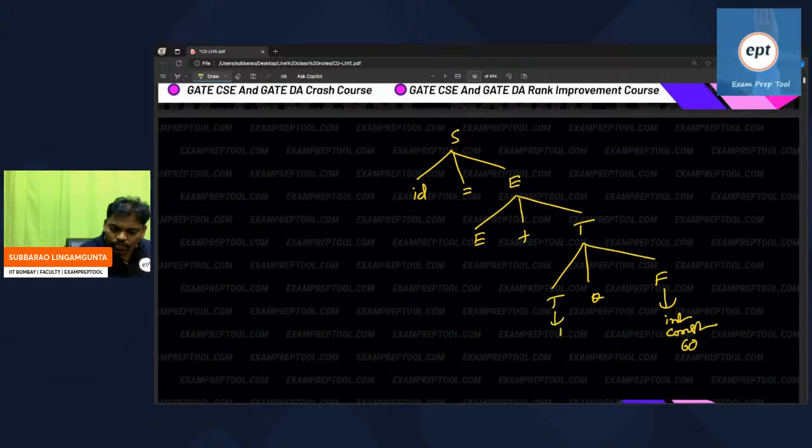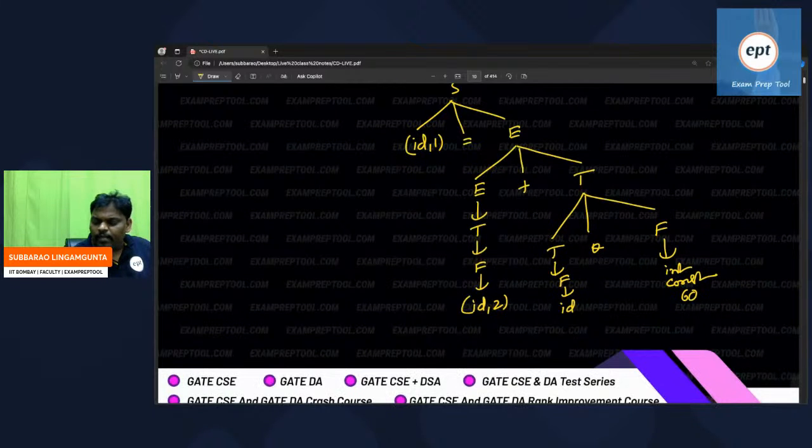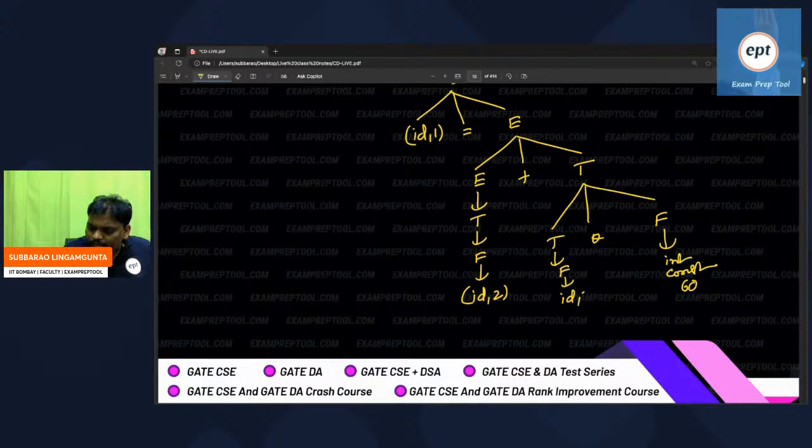T goes to F, F goes to ID. E goes to T, T goes to F, F goes to ID. This is ID2, this is ID1. Same grammar, same tree. I have not done anything. This is ID3, and this is the 60.